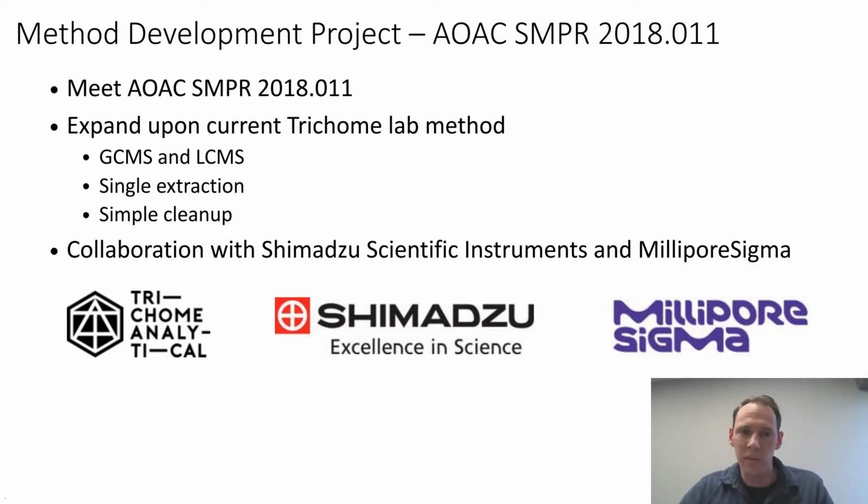In that method, we utilize both GCMS and LCMS, which are both triple quad instruments. We also use a single extraction step and a relatively simple cleanup process. For this project, we also were able to collaborate with Shimadzu Scientific and Millipore Sigma for their help in the method development process.